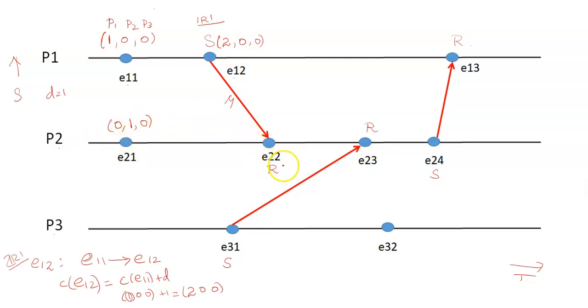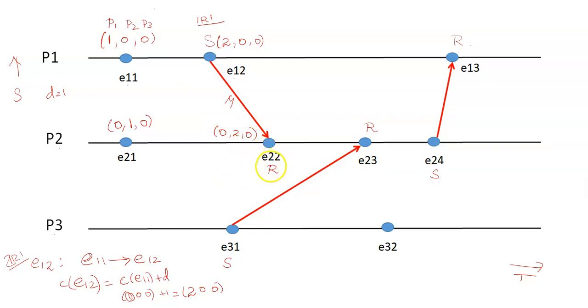And now coming to E22. E22 is a message receiving event. It's a receiver. So what you have to do, here the timestamp comes, right? Based on its successive event E21, the timestamp becomes 0, 2, 0, right?